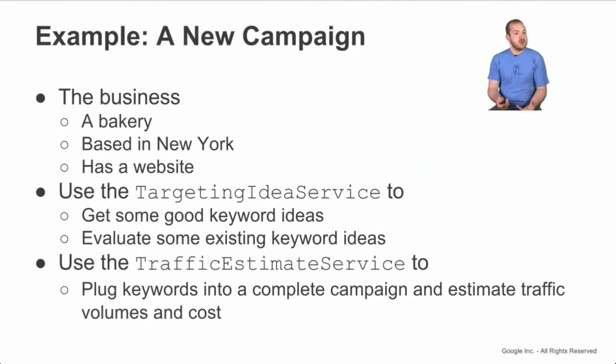Either the business owner provided them and thinks they're good ideas and just wants to validate those decisions, or if you're an account manager and you already have a taxonomy and you know bakeries usually do well for certain keywords, you can evaluate how this particular bakery is going to do in this circumstance as well. And then once you have those targeting ideas, we're going to pass them to the Traffic Estimator service to plug those keywords into a complete campaign and estimate traffic volumes and costs for this new campaign that we're planning on building.